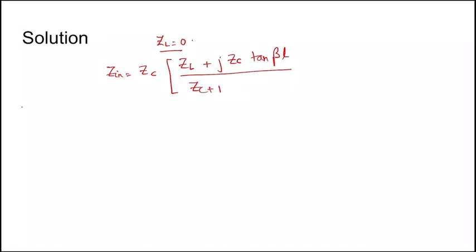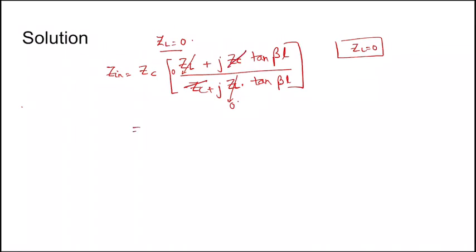Now coming to the solution, we need to determine the input impedance. It is given that ZL is 0. Now we know Z input equals the characteristic impedance of the line times load impedance plus Z characteristic tan beta L, divided by Z characteristic plus j load impedance times tan beta L. Since ZL is 0, this becomes 0, this also becomes 0.